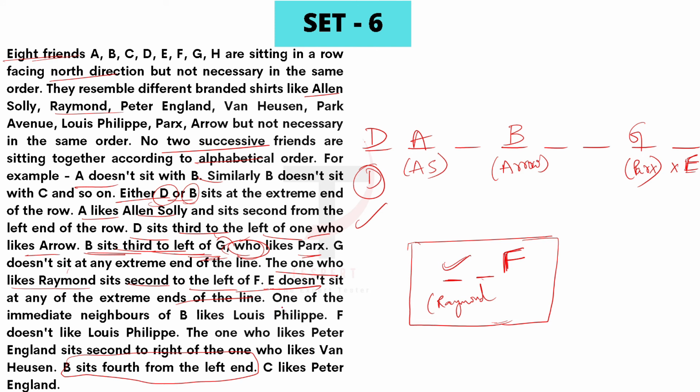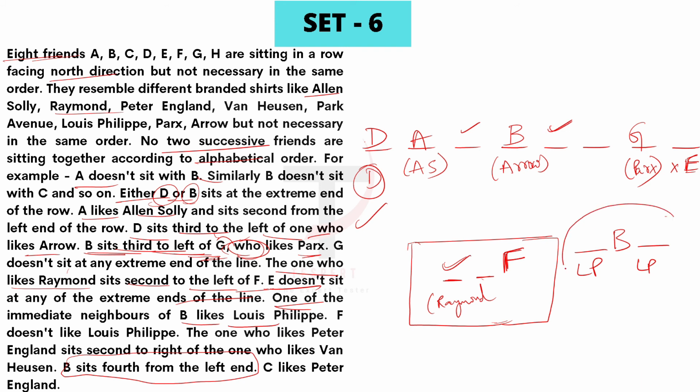The next statement is one of the immediate neighbors of B likes Louis Philippe. Here we have two immediate neighbors of B, one to the left of B and one to the right of B. The immediate neighbor can be anyone, which means the person who is to the immediate right or immediate left likes this brand, LP.